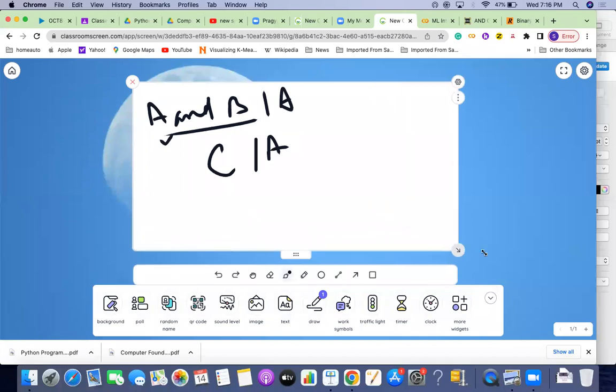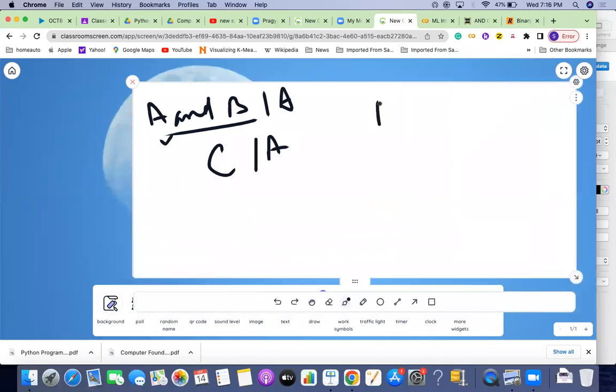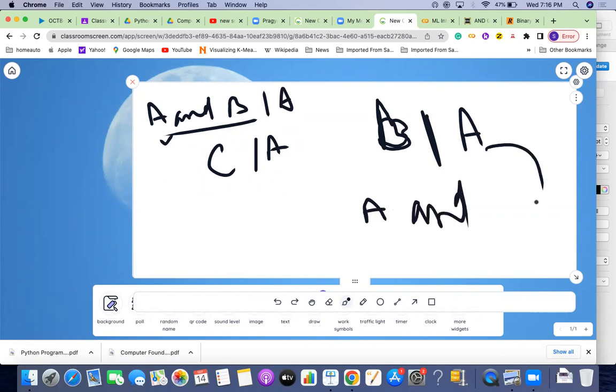Or the other way around: B or A is done first, and then the second stage is that result and A. Assume this is C. This way or this way. Any question? No, sir. So how should we decide?